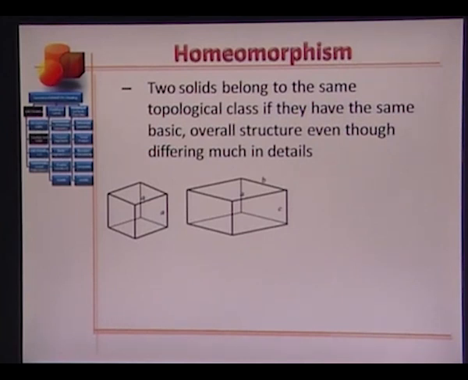So what I have done here is I have retained the size of one of the sides, and I have stretched the other two sides to lengths B and C. As you know, stretching in topological study is allowed, and that is the reason why this cube and this block are homeomorphic to each other.